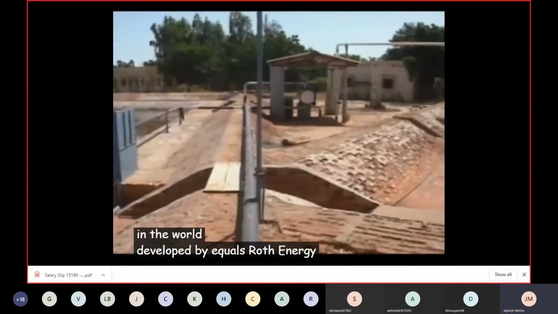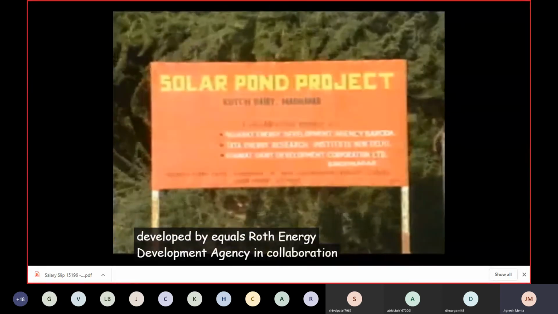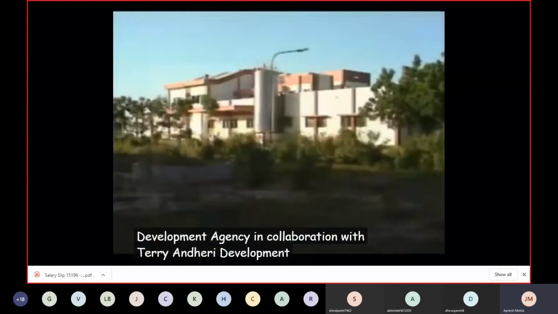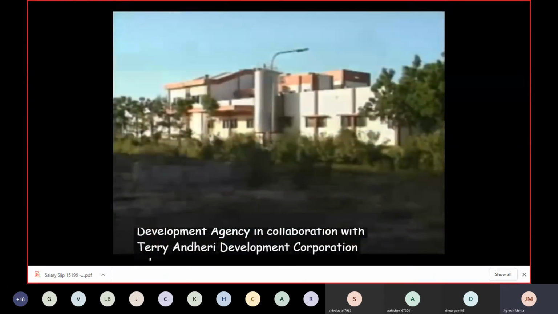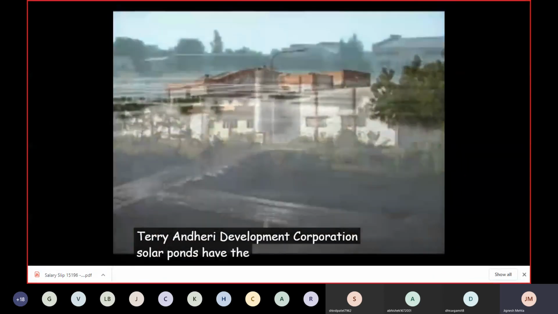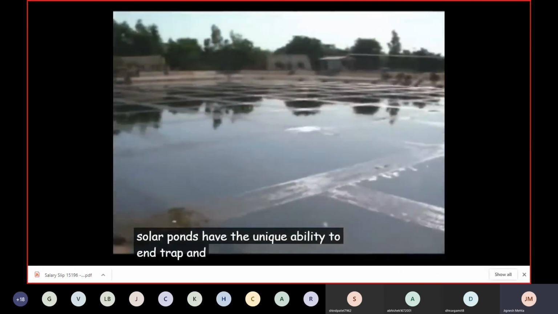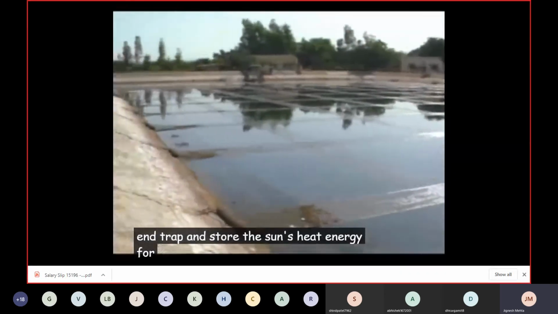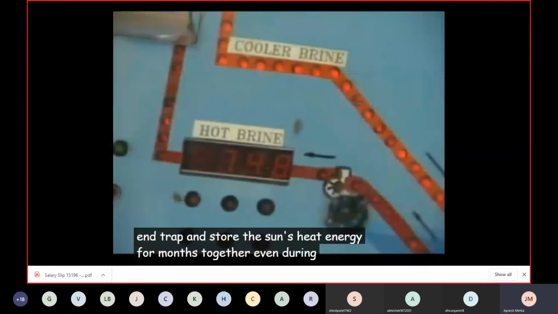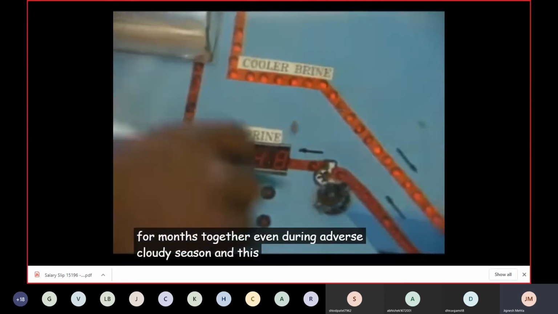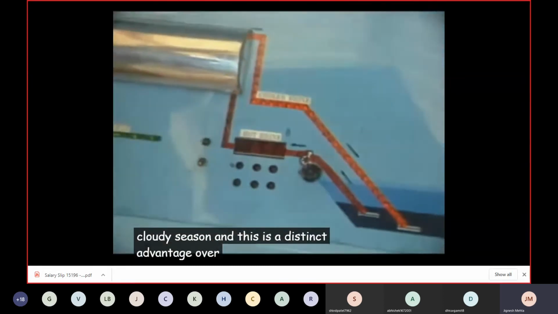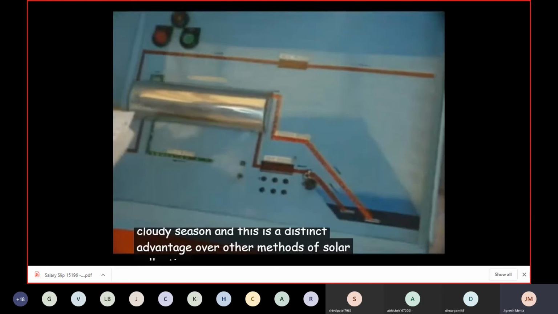Developed by Gujarat Energy Development Agency in collaboration with TERI and Dairy Development Corporation, solar ponds have the unique ability to entrap and store the sun's heat energy for months together, even during adverse cloudy season. And this is a distinct advantage over other methods of solar collection.